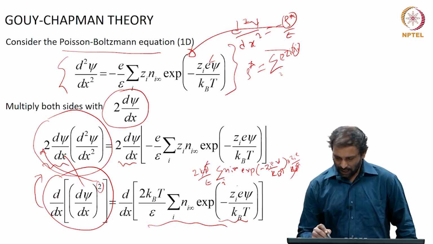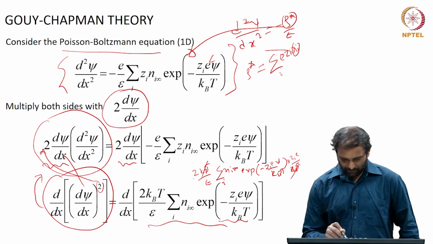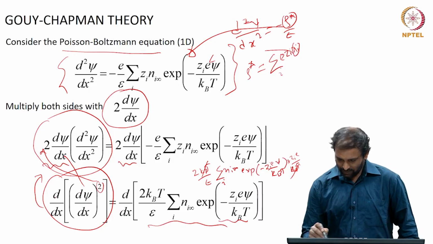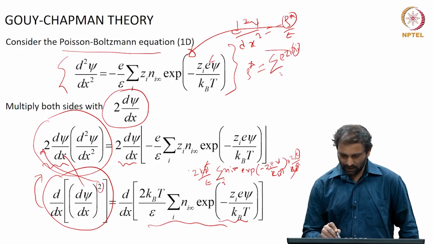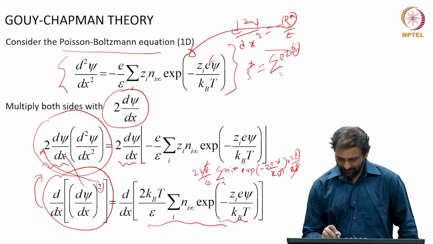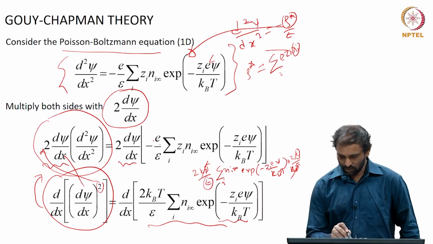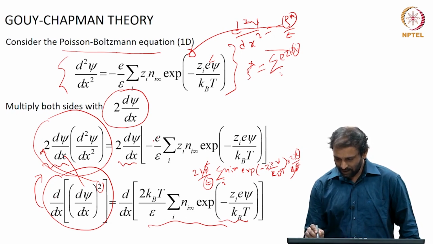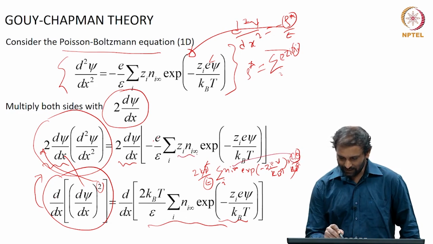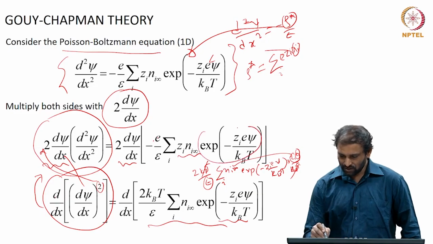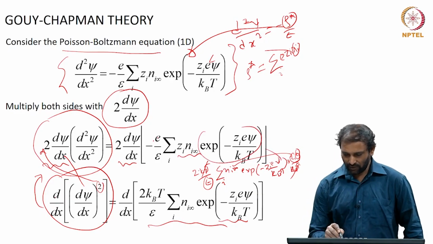So, I have e by epsilon, and Zi Ni infinity, and of course this term is as it is, and of course, I have 2.